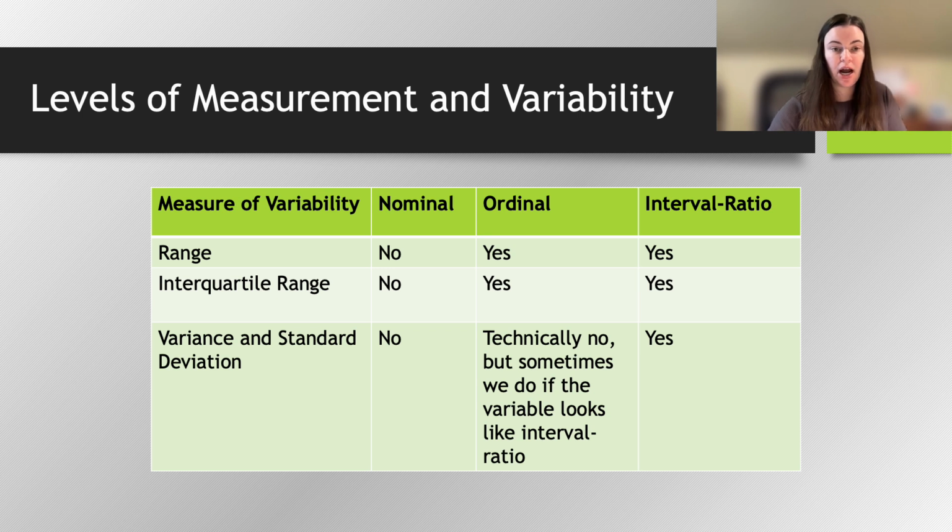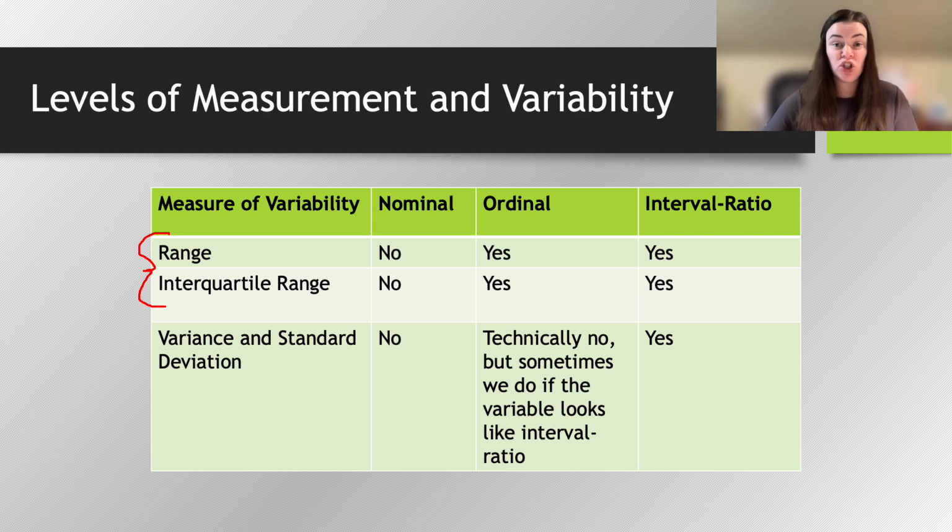As we wrap up here, I wanted to just briefly look at this table in terms of our relationship between our measures of variability and our levels of measurement. And so both our range and IQR are going to be the exact same here. You cannot calculate the range or an IQR for a nominal level variable. Think back to chapter 1 about what nominal level variables are.